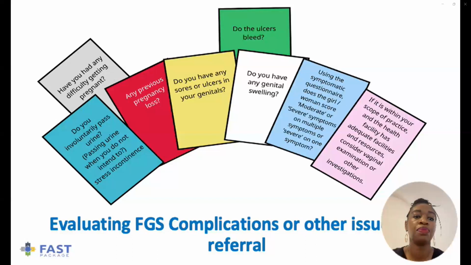So you could have any of those issues with pregnancy in terms of miscarriages. So whether you've had any pregnancy loss, whether you've had any difficulty getting pregnant, remember there's that history of fibrosis that can affect the tubes, can affect anywhere along the genital tract and even cause ovulation to become an issue, and then that predisposes you to infertility.